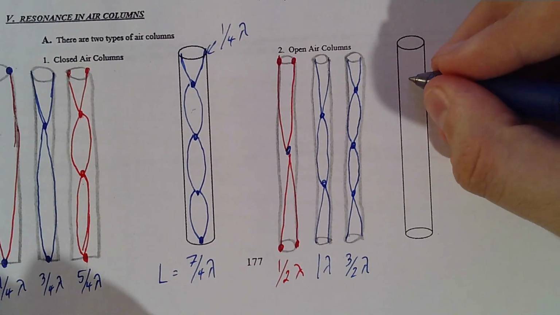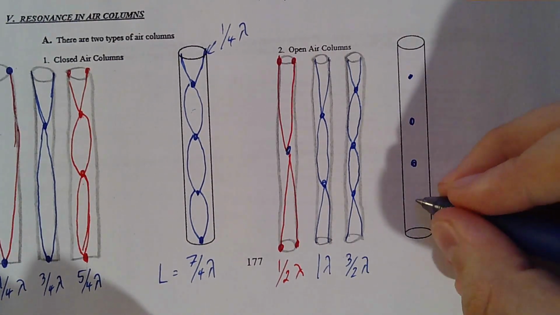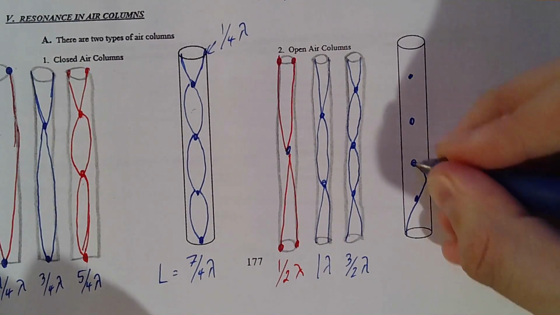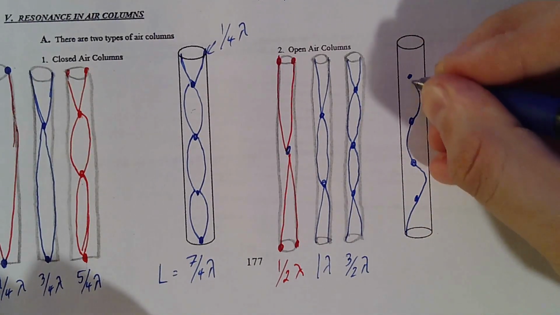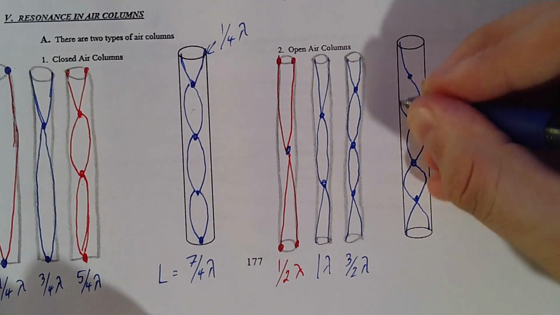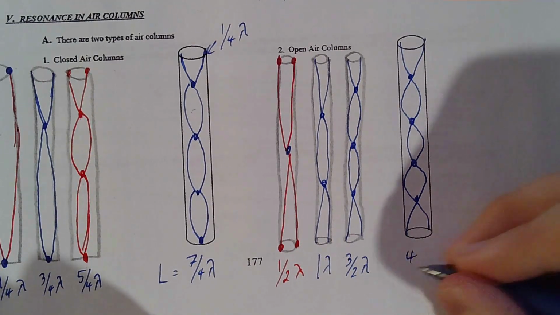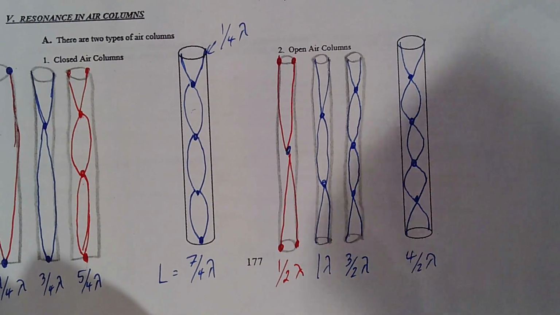And then when we do it even more, 1, 2, 3, 4, we have ourselves 4 halves of a wavelength there.